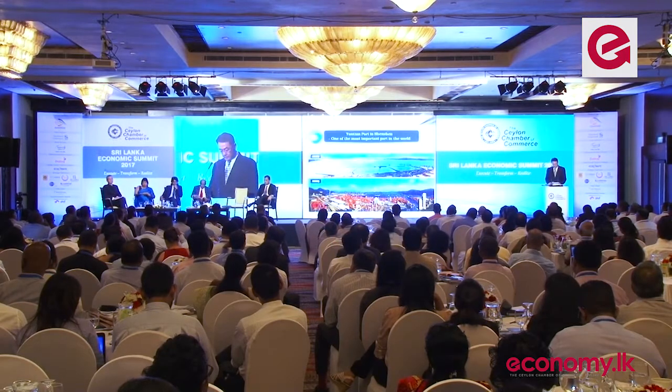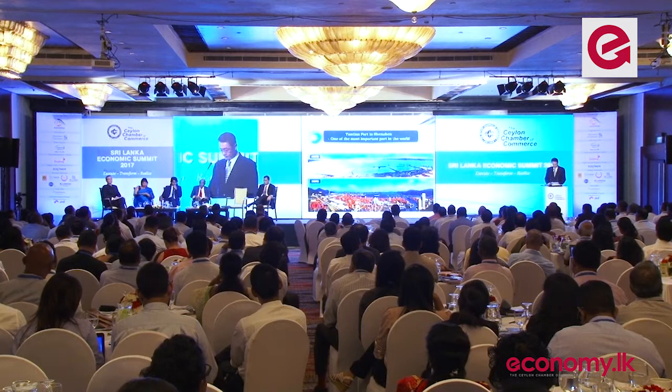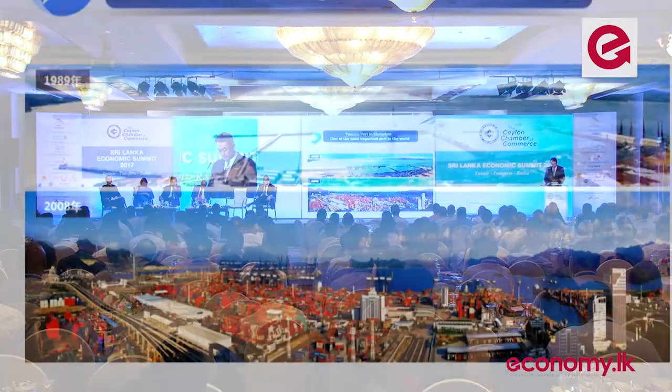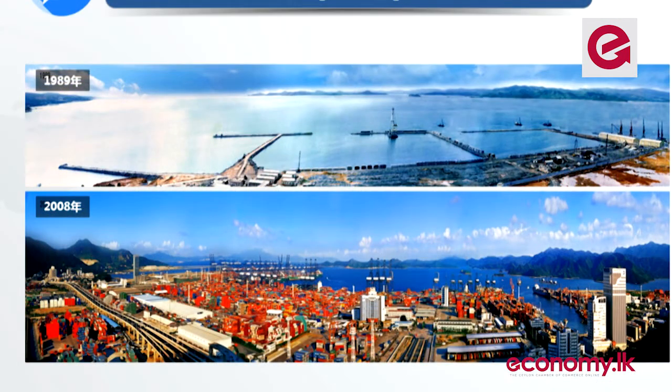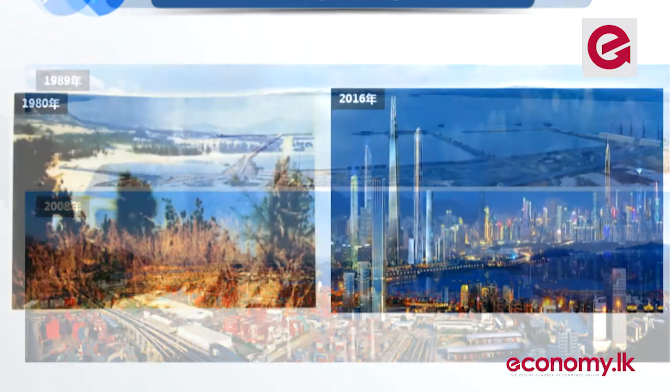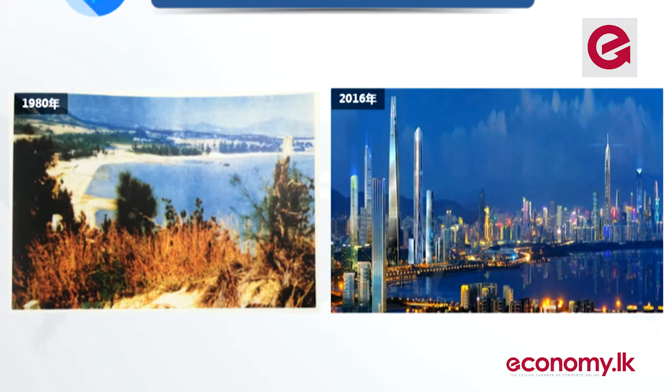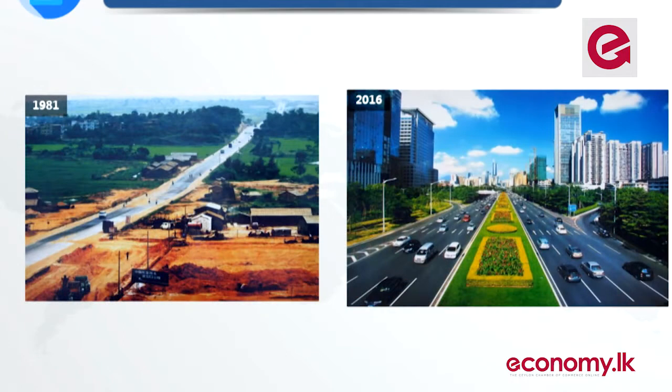This is the Shenzhen Yantian port, one of the most important ports in the world, which was built in 1987. This is the Shenzhen Bay area. You look, how big a change. This is the comparison of the street view.